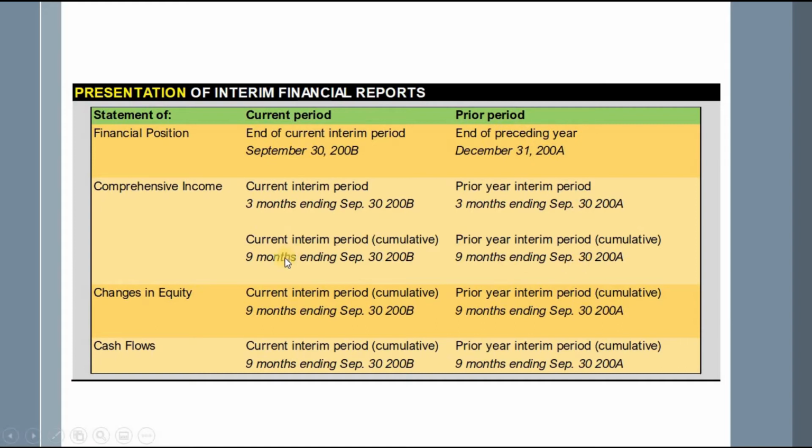And for the statement of changes in equity and statement of cash flows, the presentation of these financial statements is similar. These two financial statements should be presented on a cumulative basis.